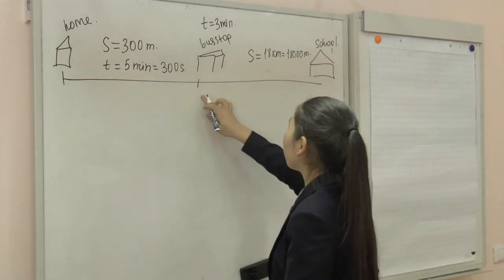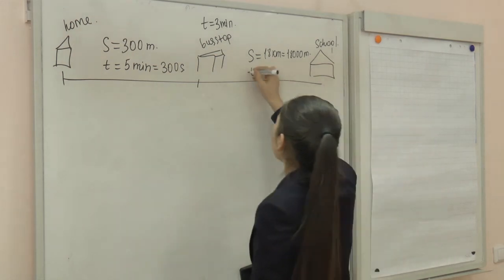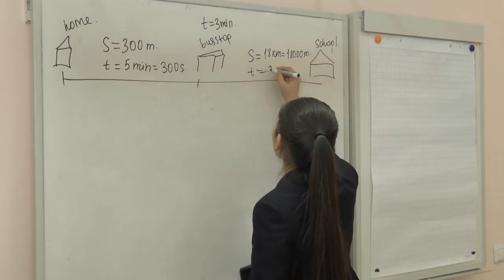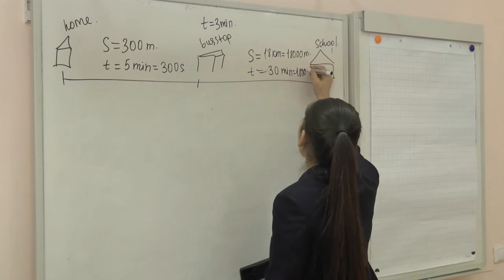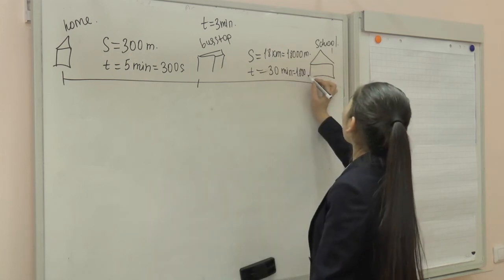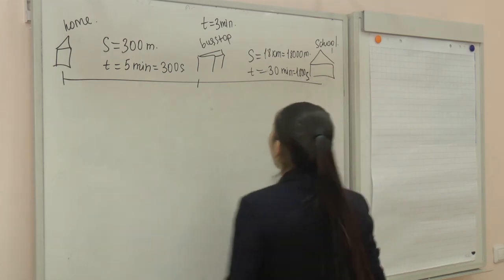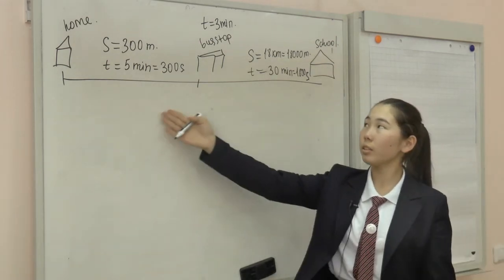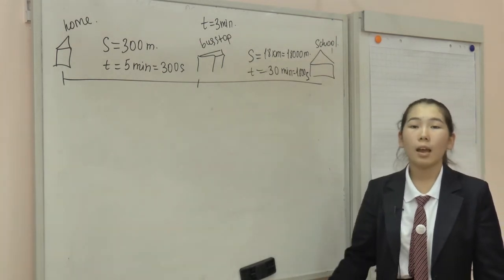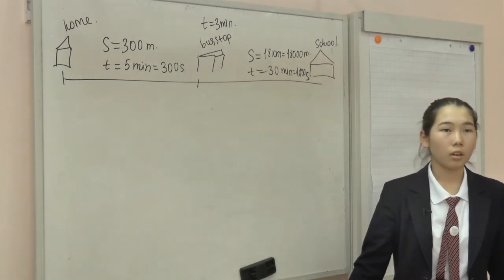And the time the bus takes to reach the school is 30 minutes. In the SI system it is equal to 1,800 seconds.